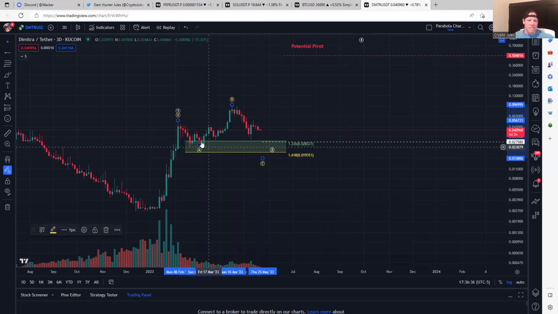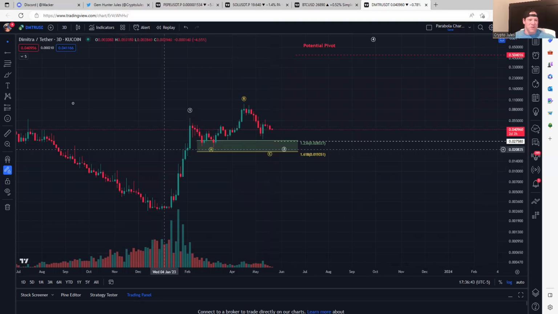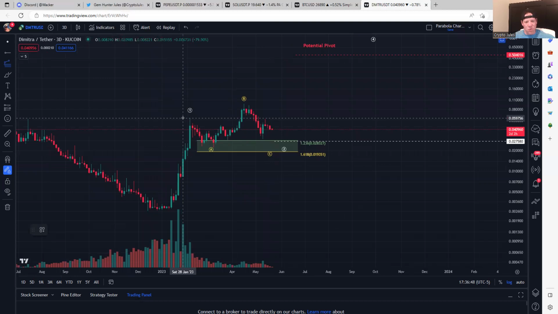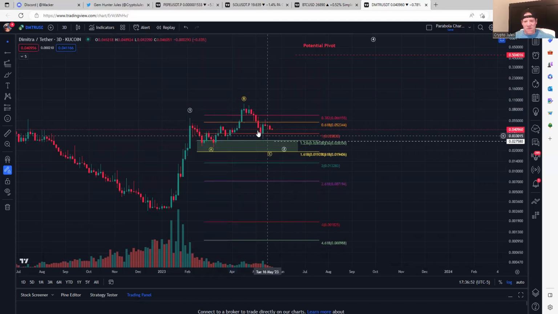And if we came down and made just a double bottom, that would be a regular flat. So those are the areas of interest of where we would anticipate price to potentially go.